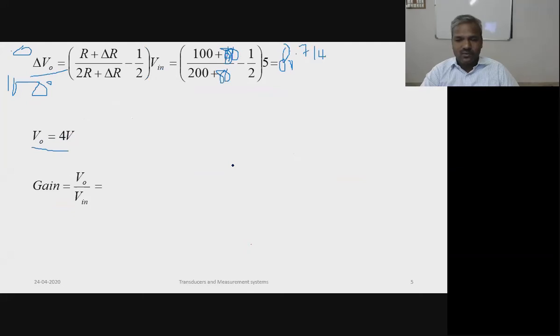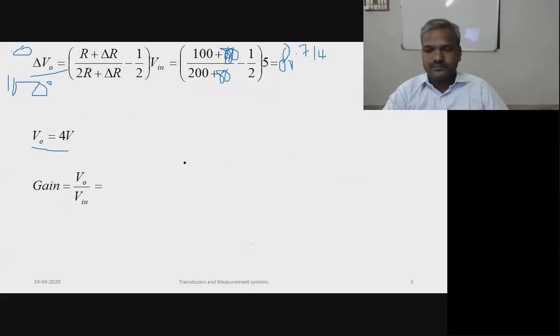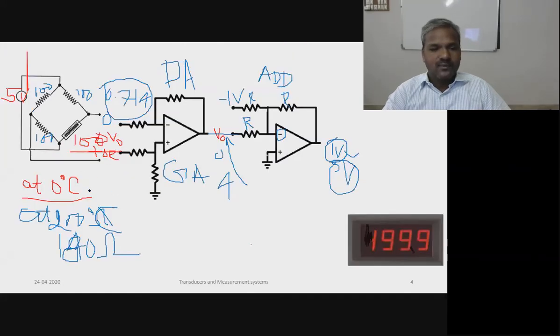Final output is 5 volt. Understand? So V0 should be 4 volt from the gain amplifier.